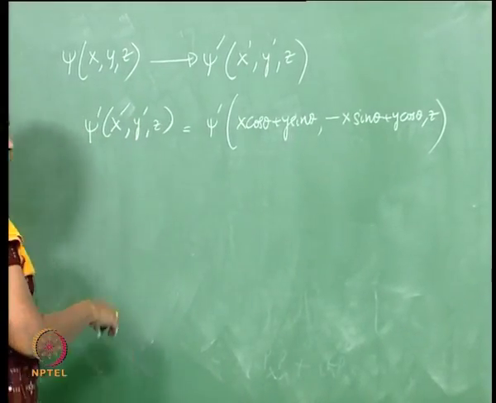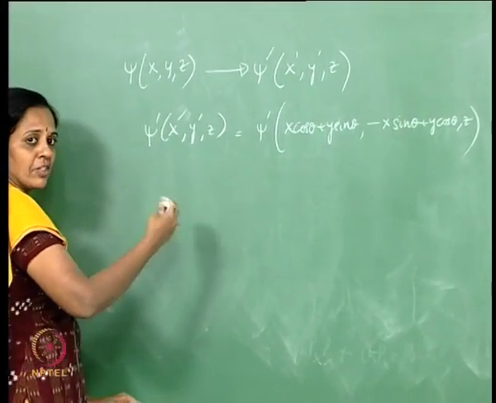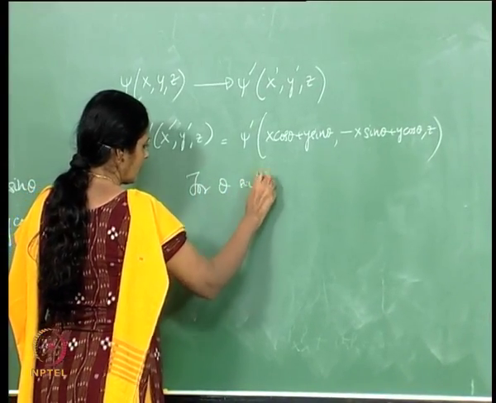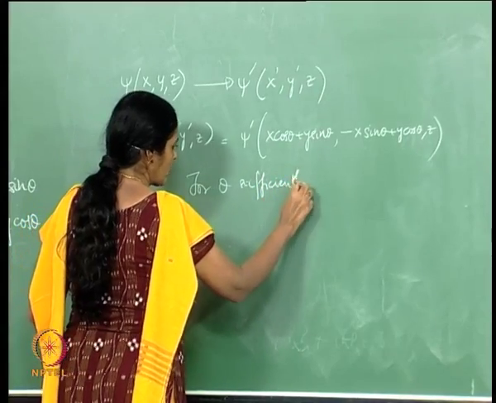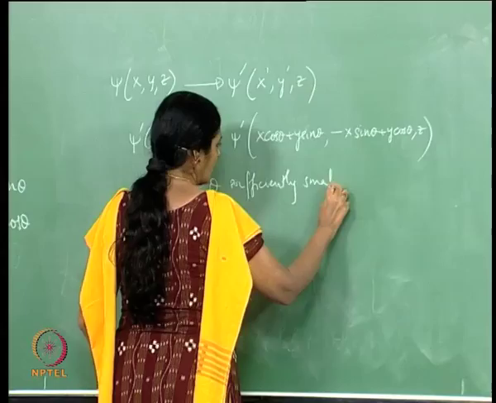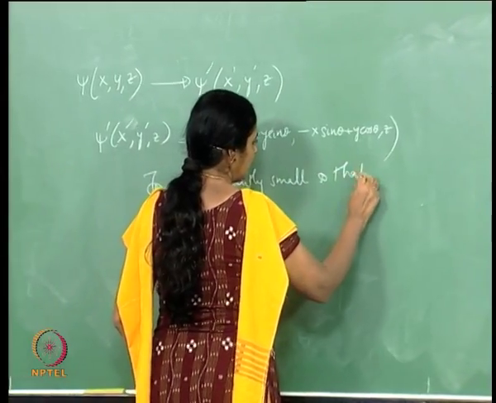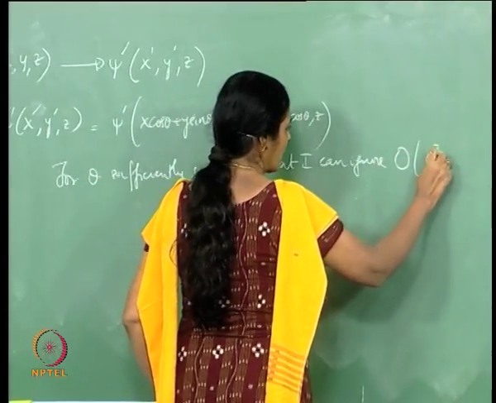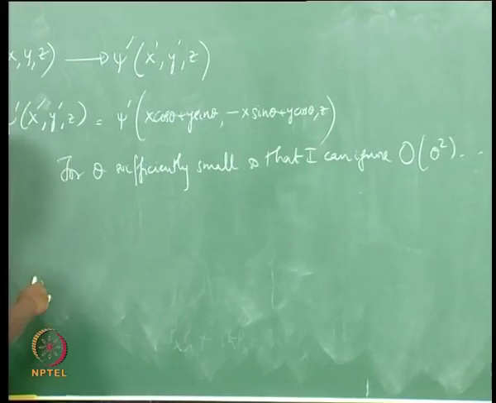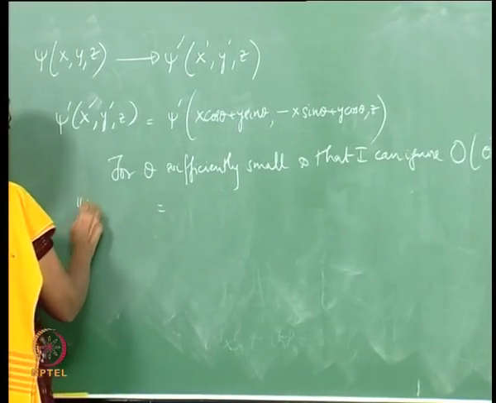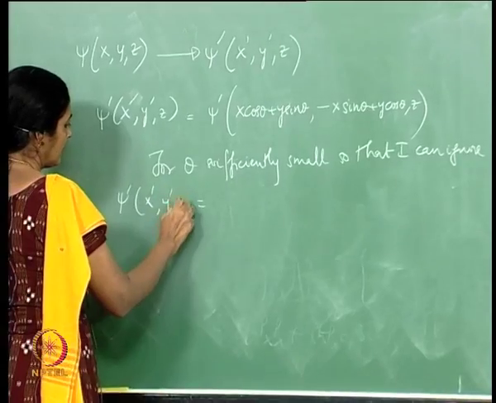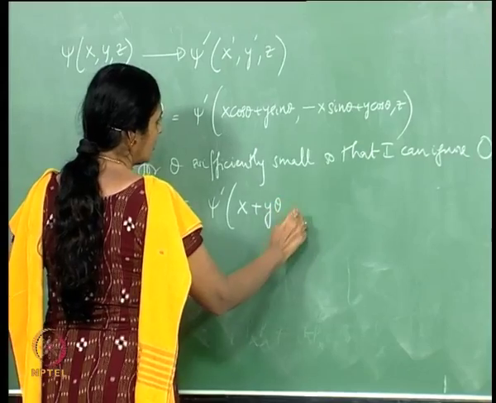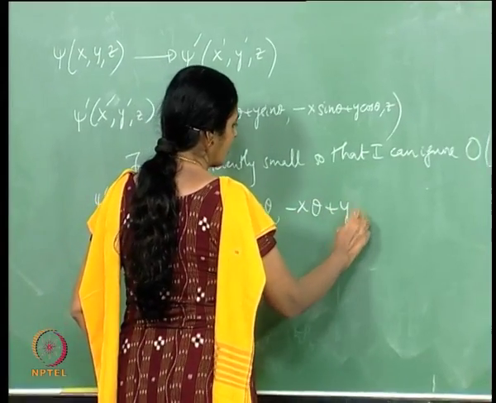For theta small, so that I can just retain the first order in theta in a Taylor expansion, for theta sufficiently small so that I can ignore order theta squared and so on, this is the same as psi prime of x plus y theta, minus x theta plus y, and z.